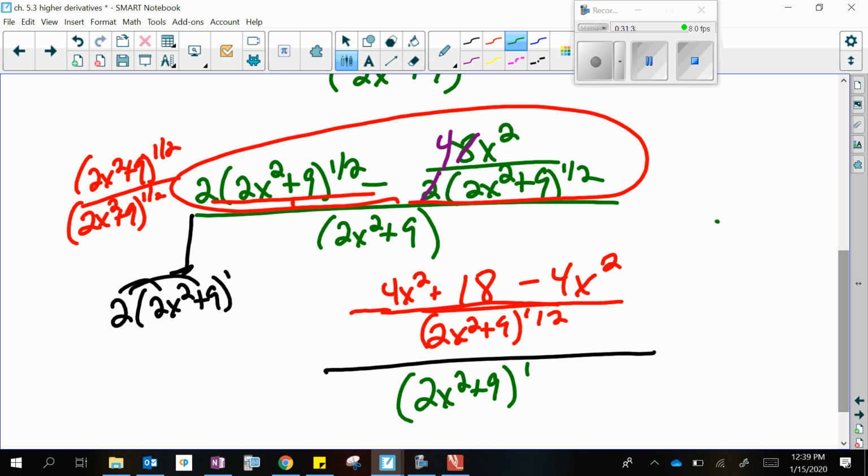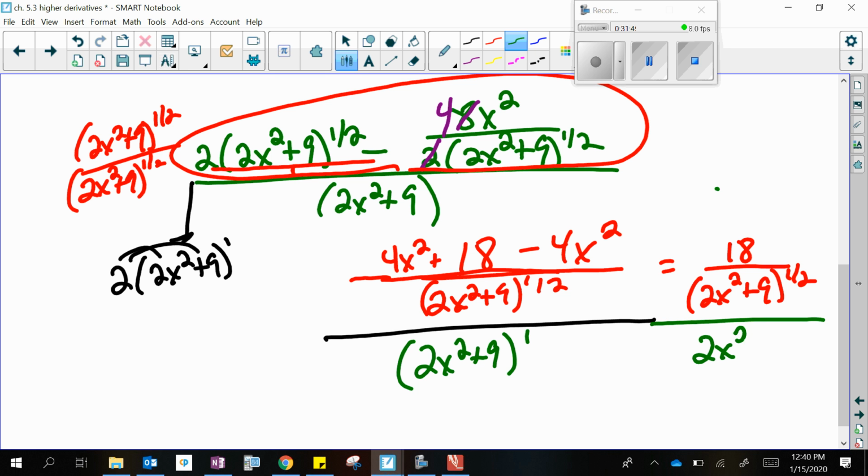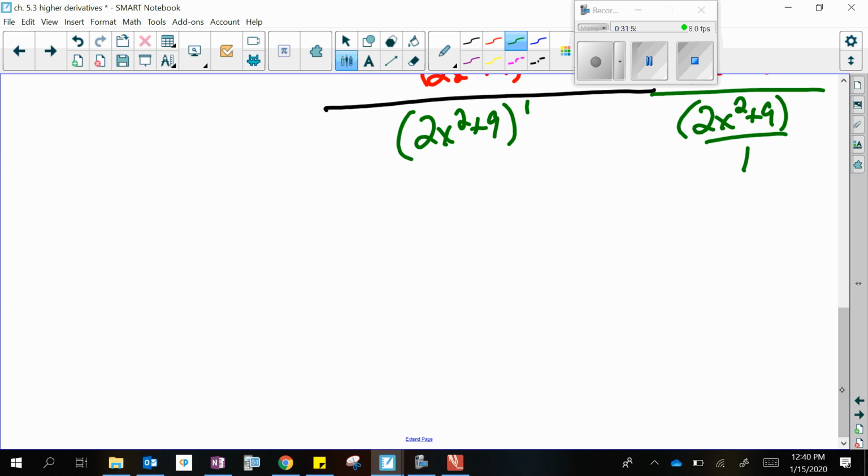What can we do to our numerator? Can we simplify? Right, so the 4x squareds cancel out. So we end up with 18 over 2x squared plus 9 to the 1/2, all over 2x squared plus 9. And think about it like this.